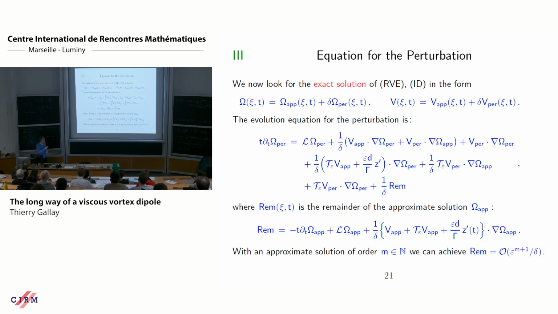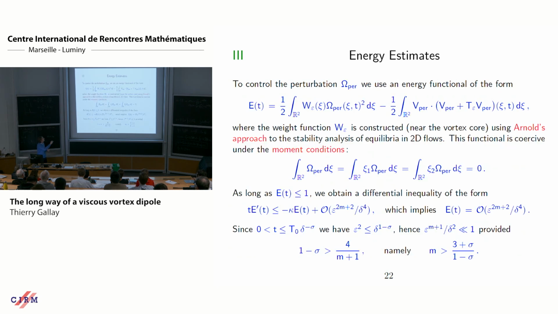So we exploit this to design a non-local functional for which all nasty terms in my equation are just zero. Okay? And then it remains to do some Gronwall estimates, and this Gronwall estimate tells you that the perturbation stays sufficiently small.